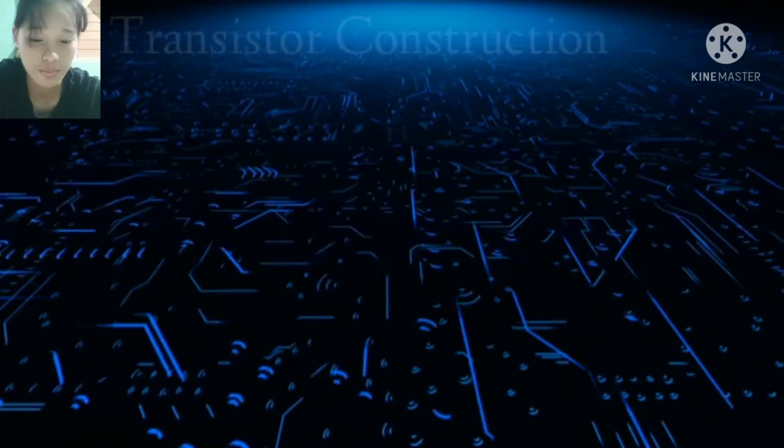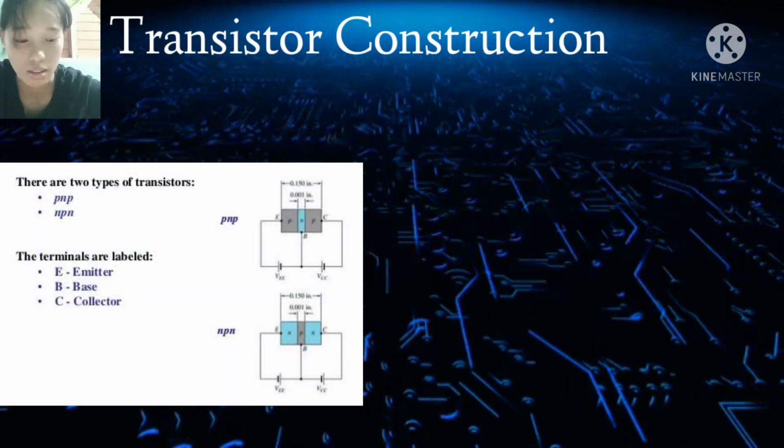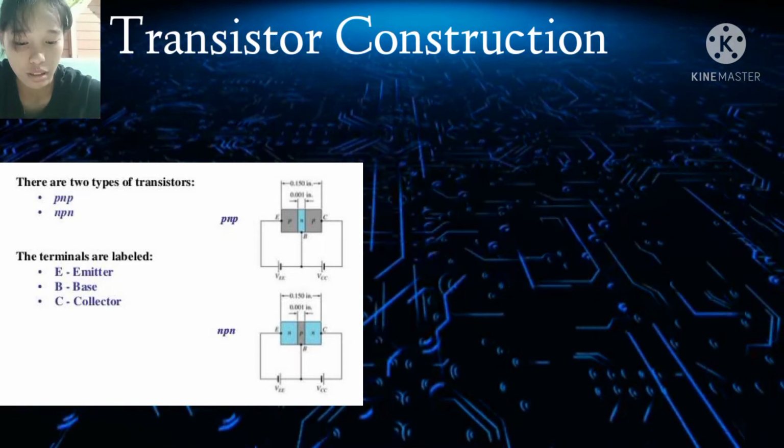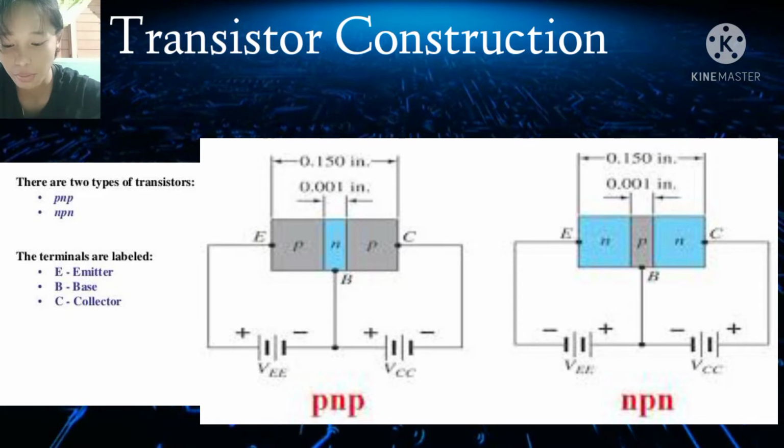So, transistor construction. There are two types of transistors: the PNP transistor and the NPN transistor.